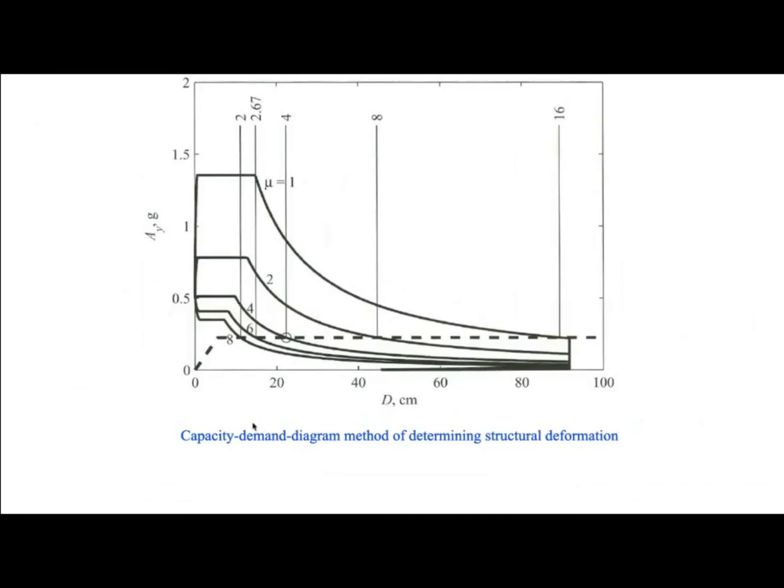And so you can compare this with the behavior of the system. Whether the demand is more than the capacity, and what will happen to the structure, whether it will have slight damage, moderate damage, heavy damage, or whether it will collapse in that particular earthquake.